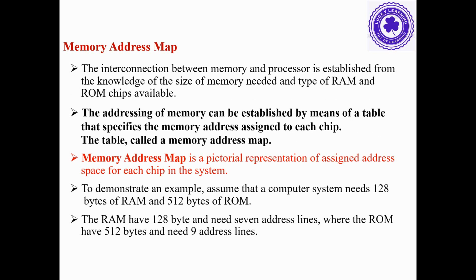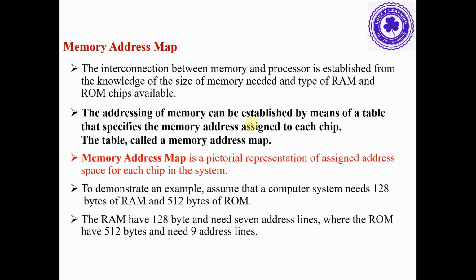To construct a main memory, we require multiple RAM chips and ROM chips, so we have to map the address. We call it a memory address map. The interconnection between memory and processor is established from the knowledge of the size of the memory needed and the type of RAM and ROM chips available.